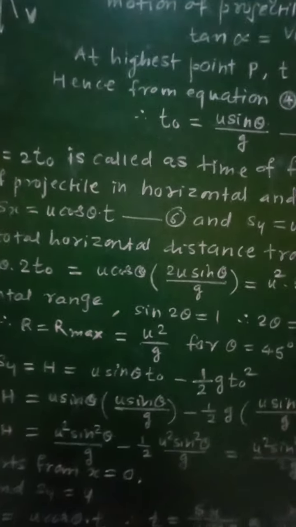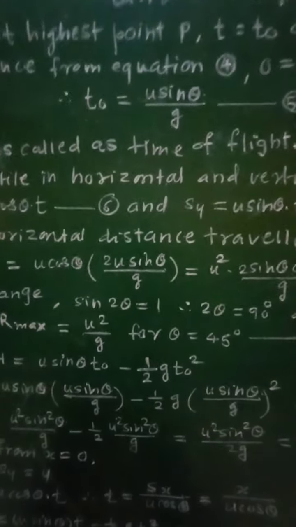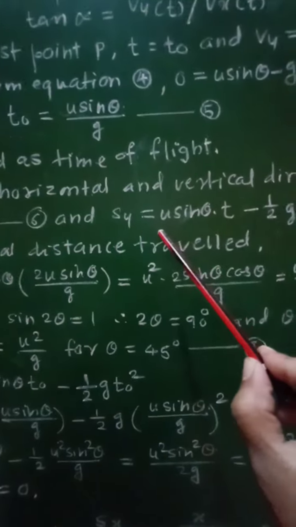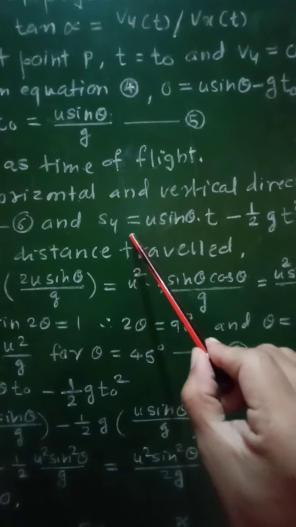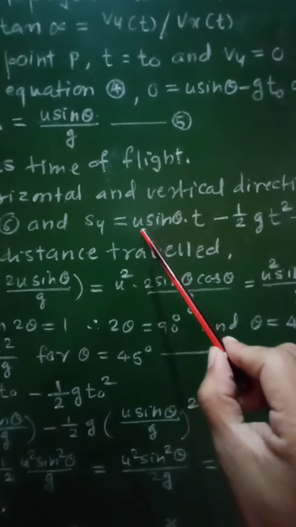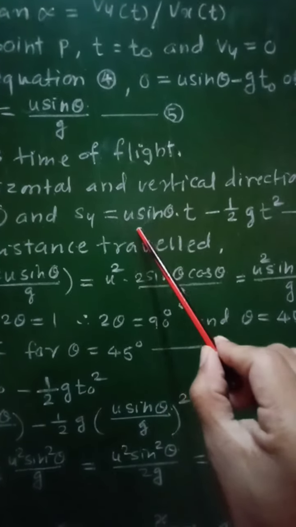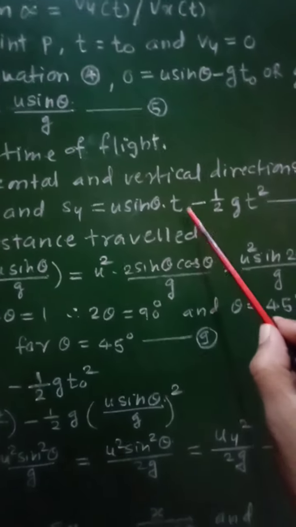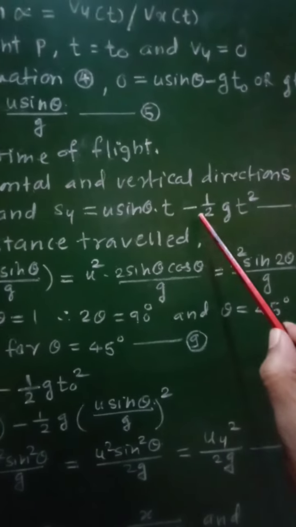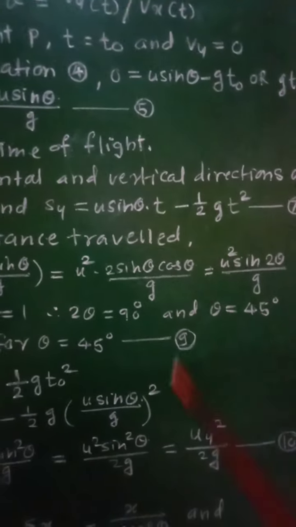And now in this case the displacement in the vertical direction will be given as Sy equal to u sin theta t minus half gt square.